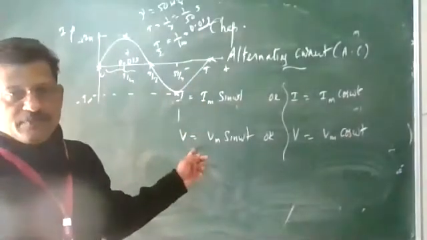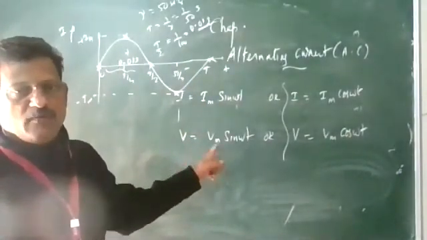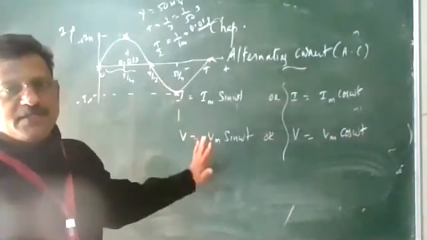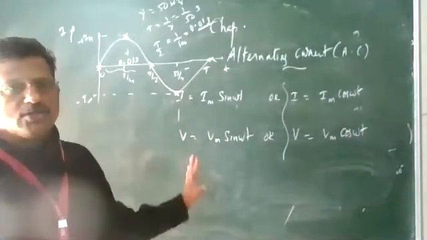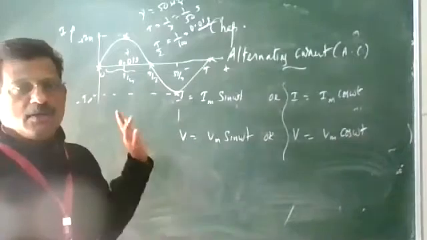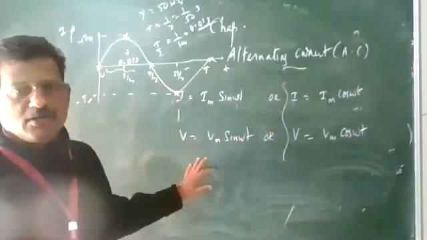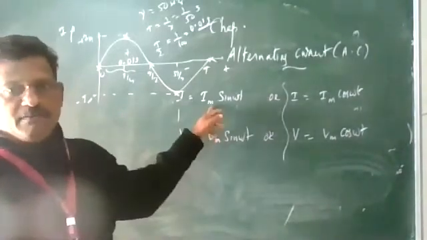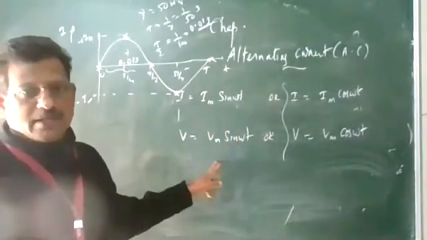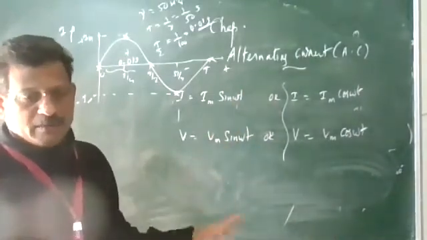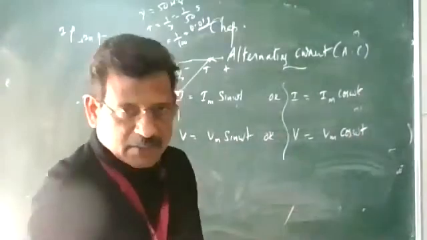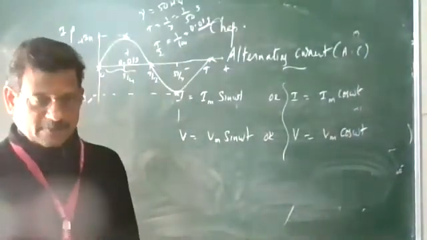The graph is exactly the same. They are represented by a single harmonic function. So this is the representation of alternating current and alternating voltage. Im is the maximum value of current, Vm is the maximum value of voltage. Instead of Im or Vm, I naught and V naught can also be used.